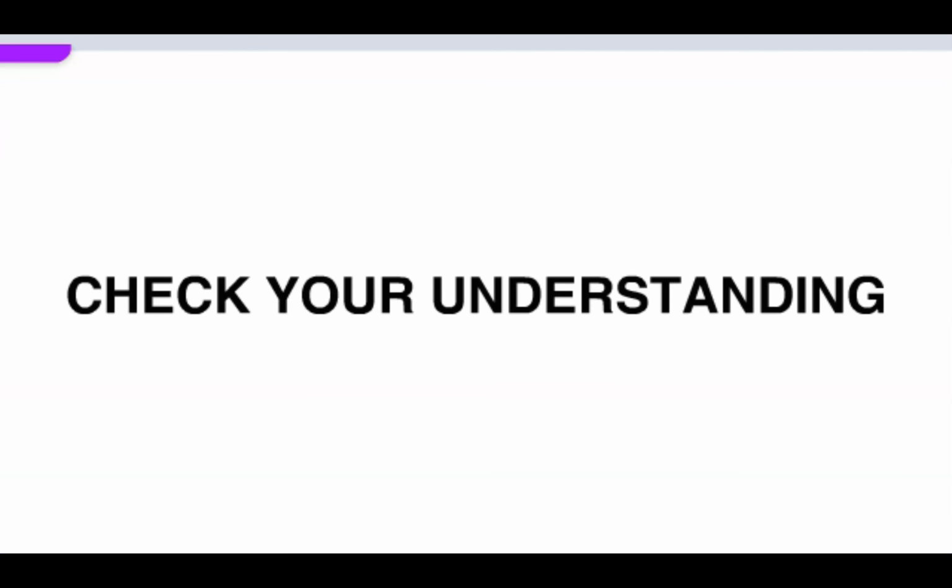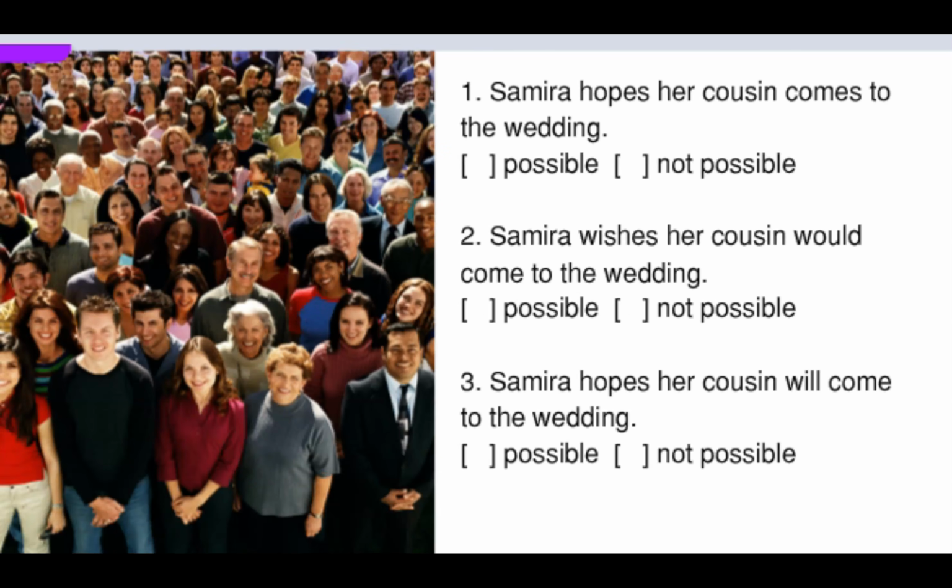Check your understanding. Look at the picture and read the first sentence. Is it a possible situation or a situation that is not possible? Listen to the first sentence. Samira hopes her cousin comes to the wedding. The first sentence is a possible situation.